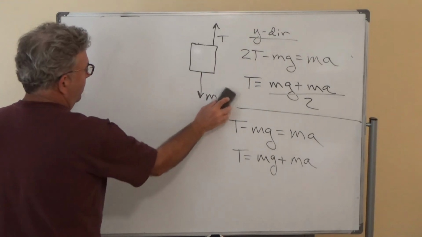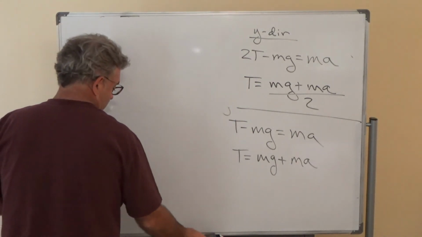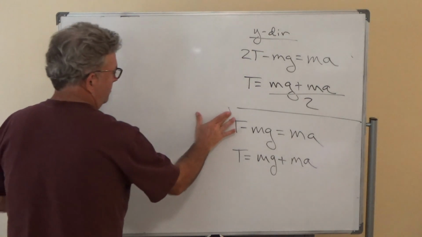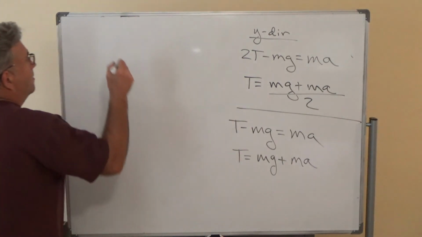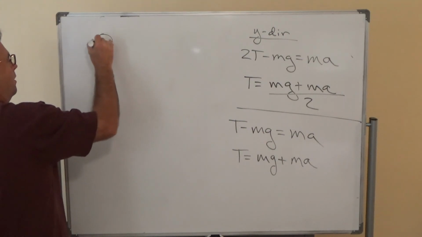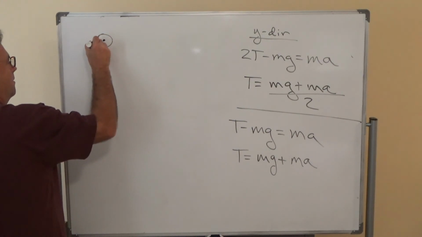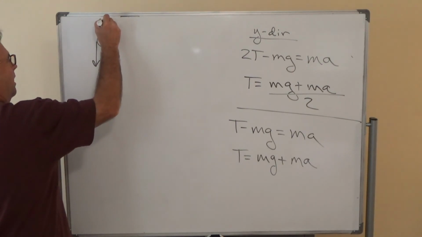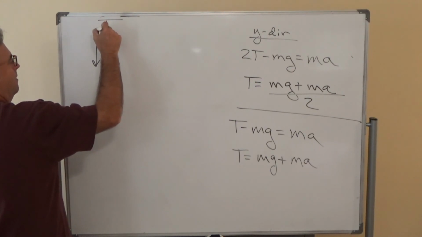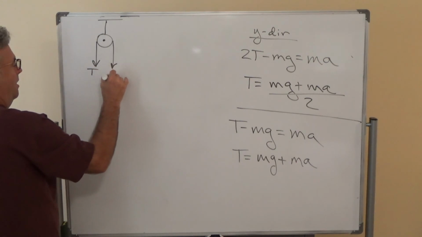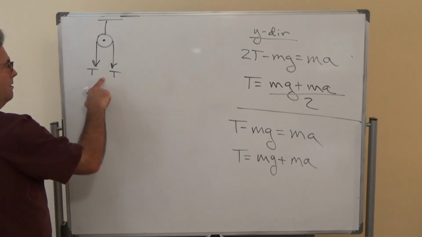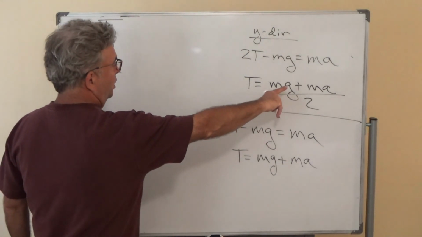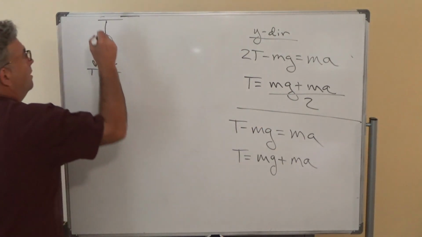In case 1, the tension... so here's the supporting pulley. This is the first case. Let's say it's hanging by a string. You had T and T, okay? And T was equal to mg plus ma over 2.